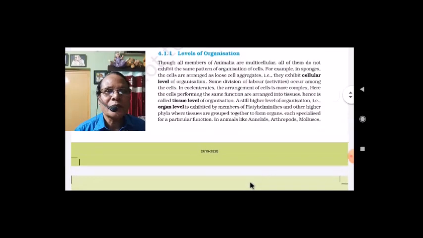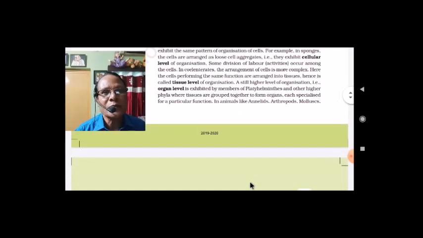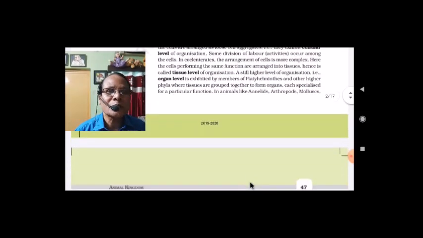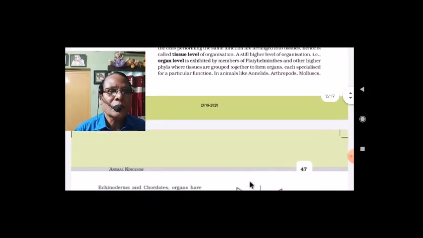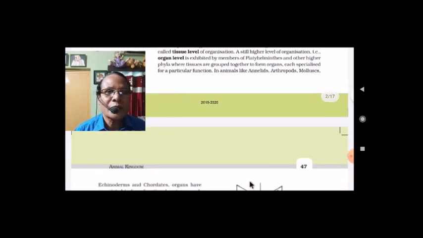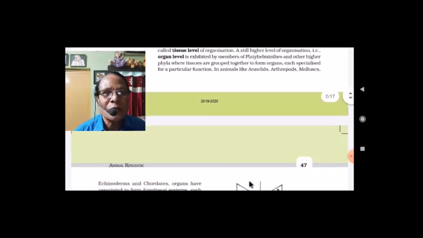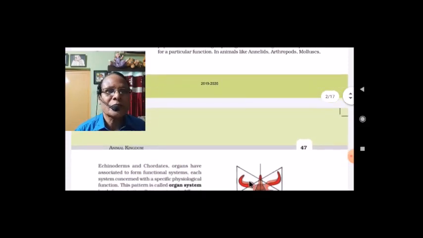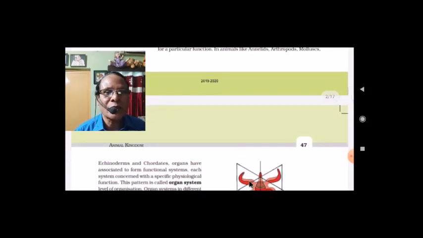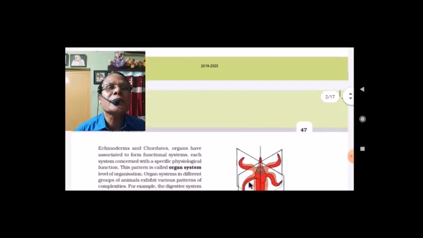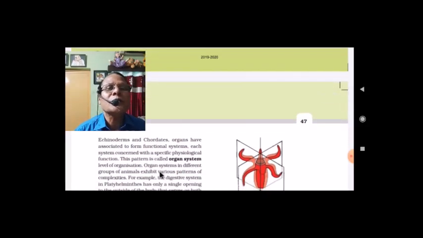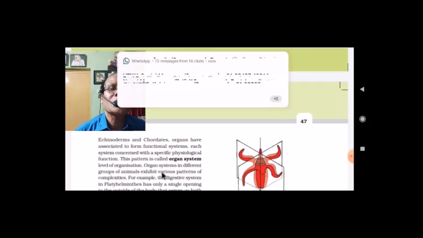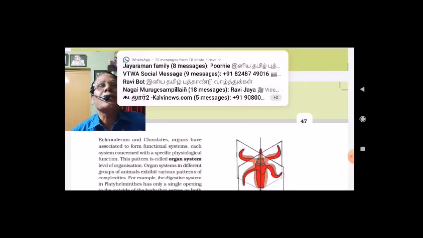We have definite organ systems like the digestive system, respiratory system, circulatory system, etc. Though different animals have organ system level of organization, they show various patterns of complexity. The complexity increases from lower to higher levels.